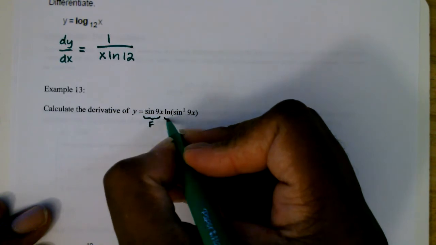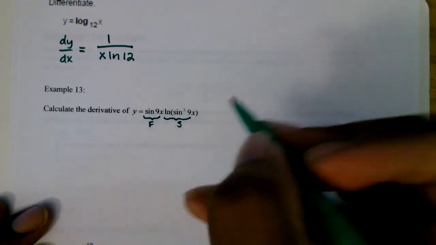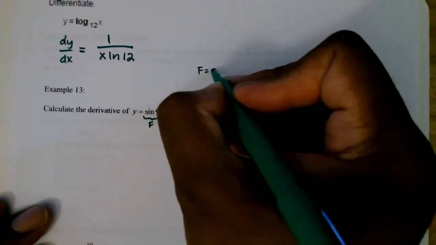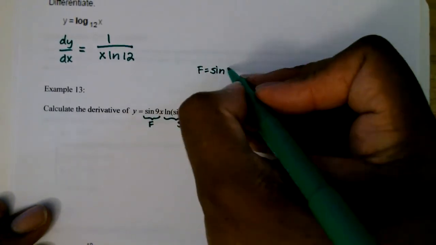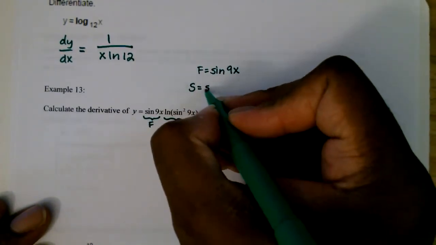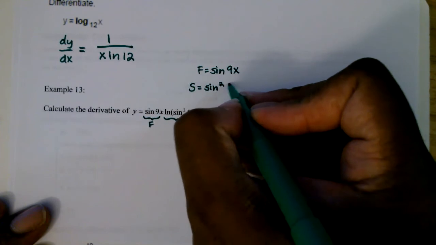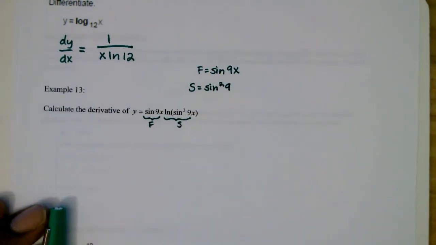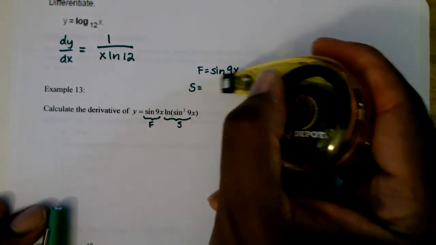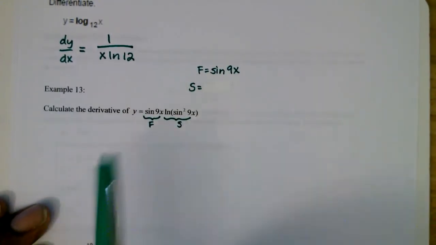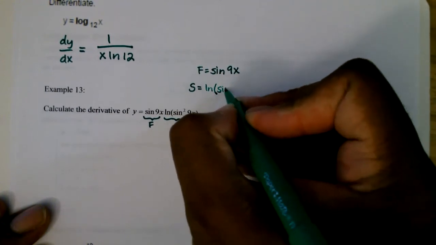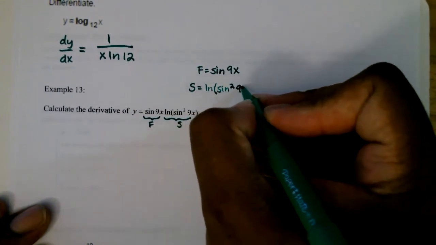Let this be the first term, and this be the second. So in this case here, the first would be sine of 9x. The second would be ln of sine squared of 9x.